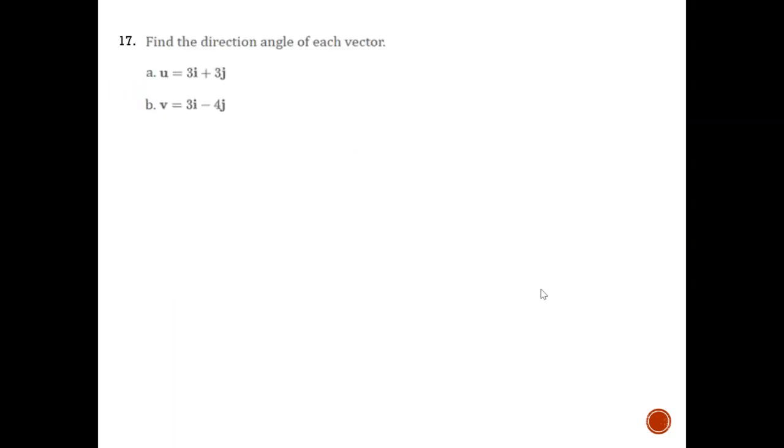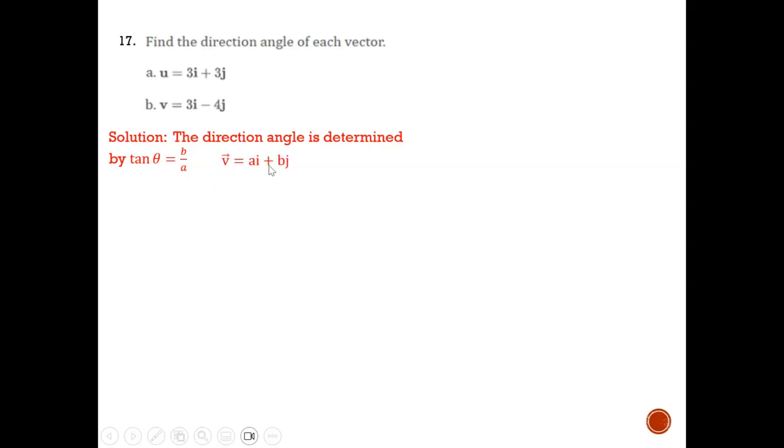Okay, now 17. It says find the direction angle of each vector. Here, guys, there's a formula to find the angle. The direction angle is determined by tangent of theta equals b over a, where the vector is ai plus bj. In other words, a is the coefficient of i, and b is the coefficient of j.